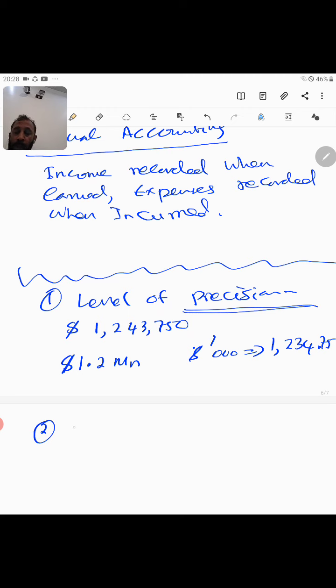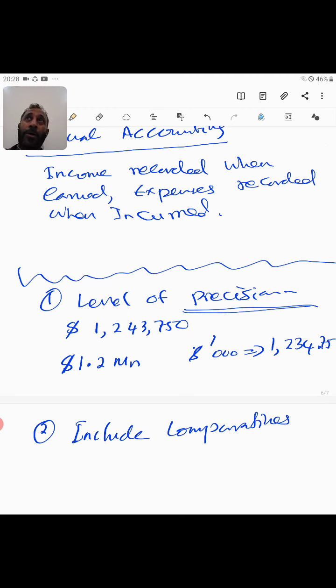Number two, you should include comparatives in preparing the financials. As much as possible, you have to include comparatives to give better comparative information to the users of the financial statements.